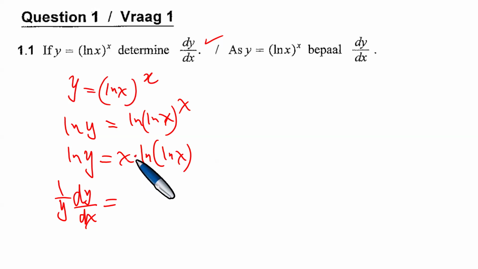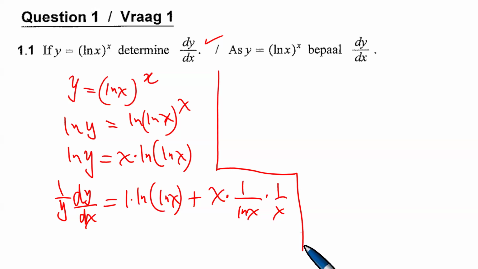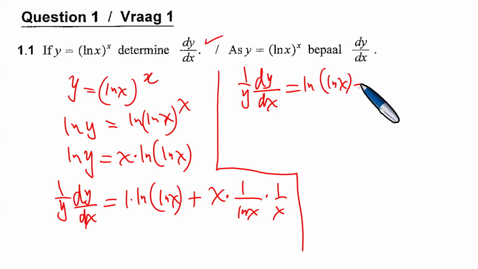The derivative of x is 1 times the ln of ln x, and then we have the x. The derivative of the ln is 1 over ln x times 1 over x. So we have 1 over y dy/dx, which is the ln of ln x plus, the x cancels, giving us 1 over ln x.